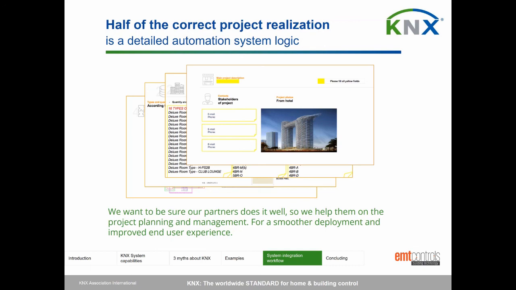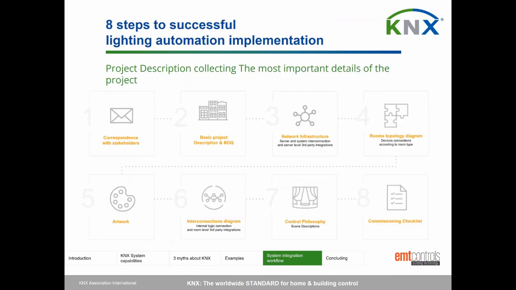To be able to guarantee clear setup and settings, it is important to know all project details from the beginning of cooperation with the customer. So we are trying to help our partners with project planning and management, for smoother deployment and improved experience of the end user.